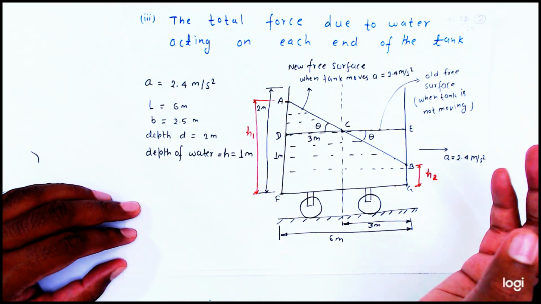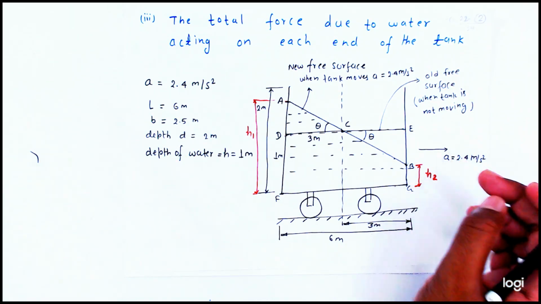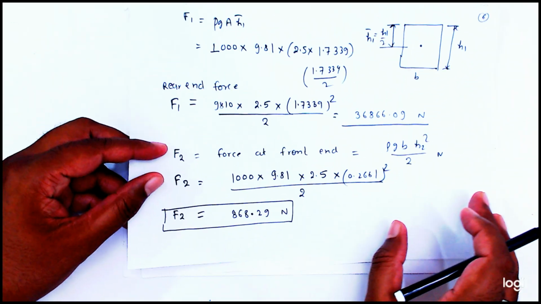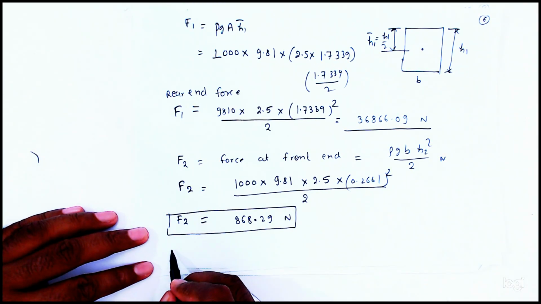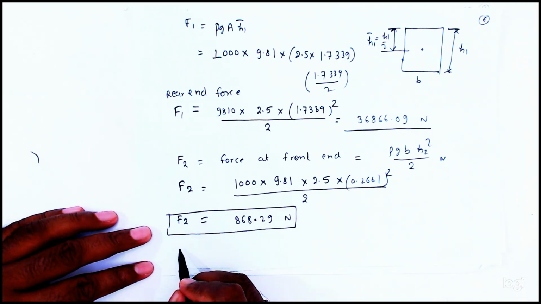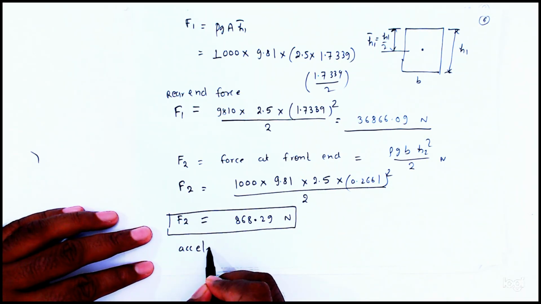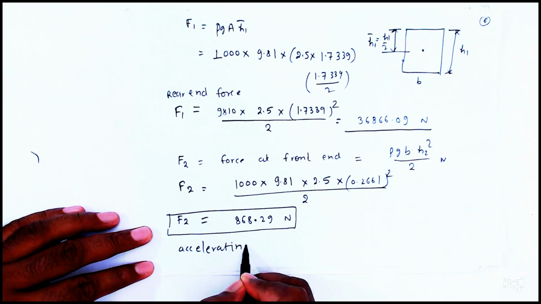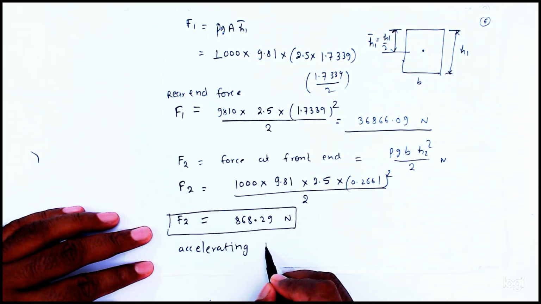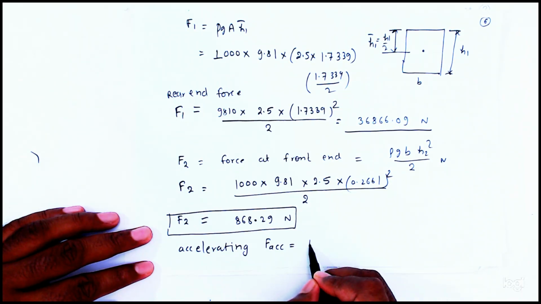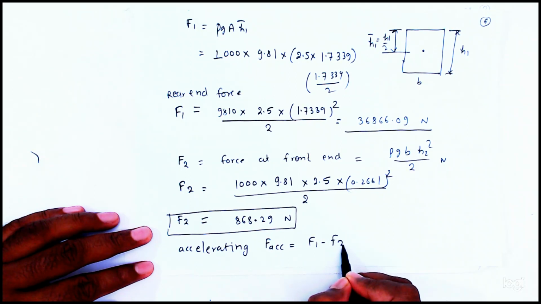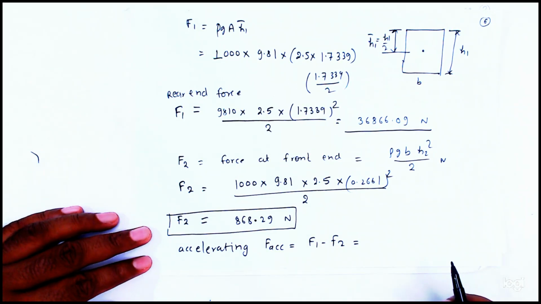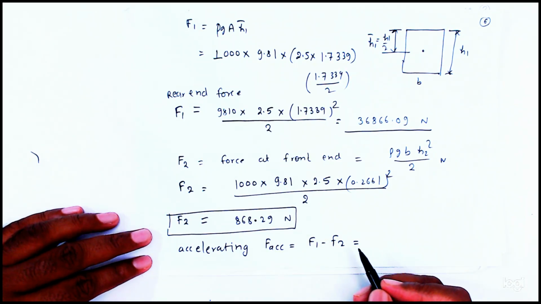It is equal to F1 minus F2. One more point is there. If you calculate, the accelerating force F acceleration is equal to F1 minus F2. Getting, friends? So F1 minus F2 is equal to what?